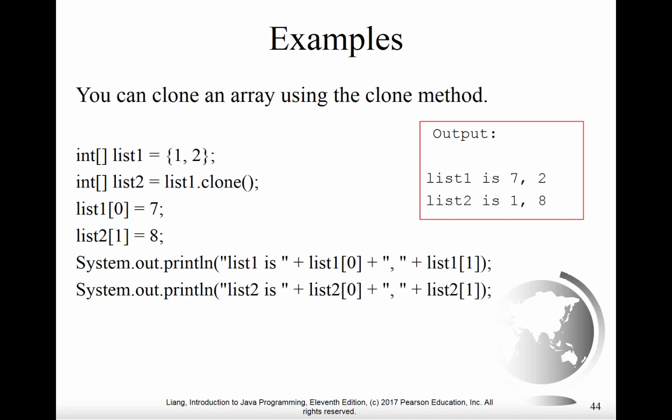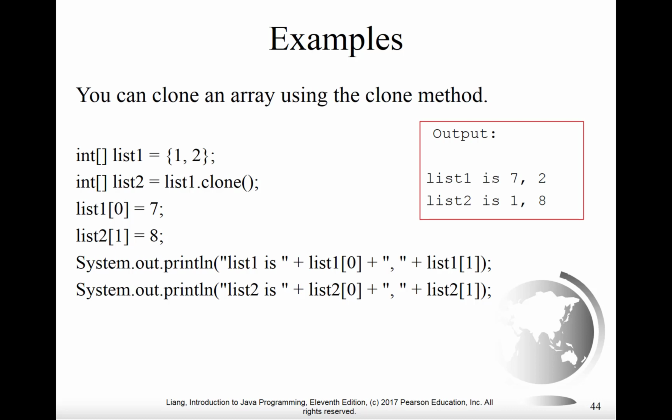Now understand that we now have two separate arrays. They are independent, but one happens to be a cloned copy of the original. So when we do list1[0] = 7 and we overwrite the 1 with a 7, we're only going to see that change take place in list1.